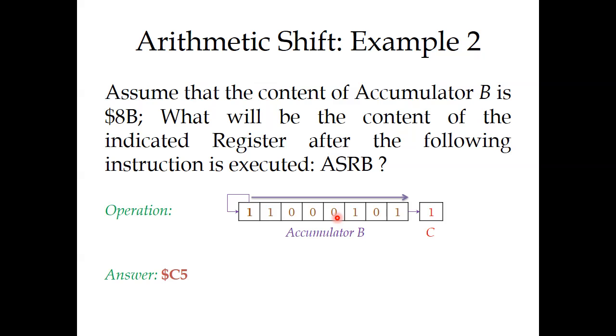Your answer will be just C5 after you are done with the operation. But this is interesting. There is a lot of change, because at the beginning it was 8B, but after the arithmetic shift right, it becomes C5. There is not even a correlation just by looking at these. Nobody can tell what exactly happened unless you see the bits.